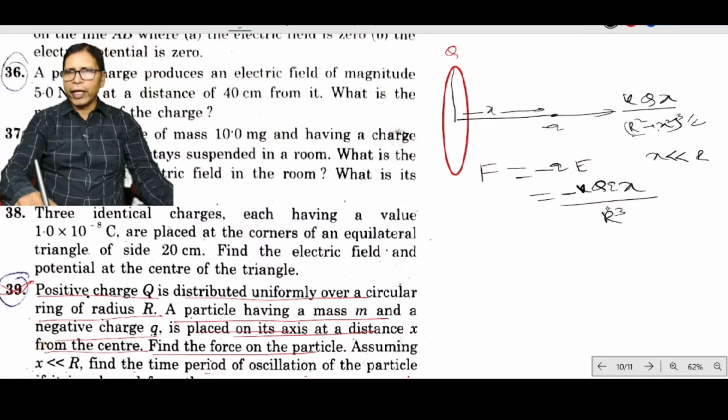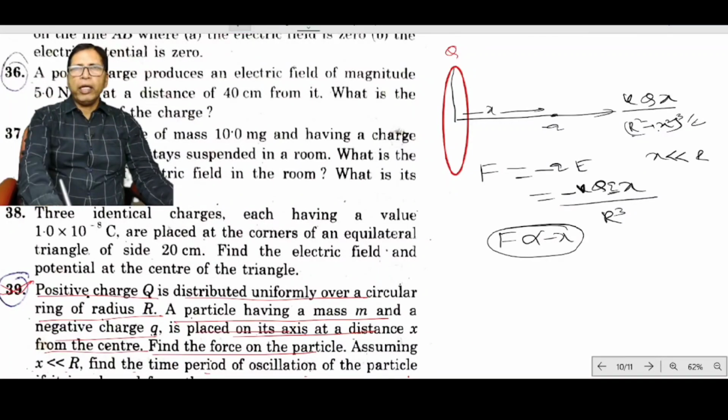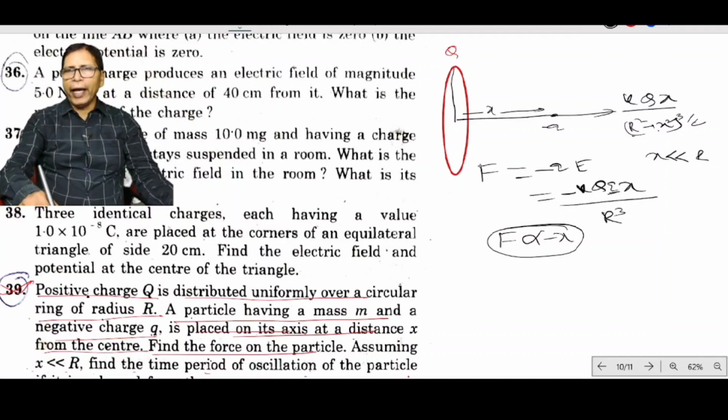This is the force experienced by small q due to capital Q. Now this force F is proportional to minus x, so minus q charge executes SHM. If omega is the angular frequency, then F equals minus m omega square x equals minus kQqx by R cube.